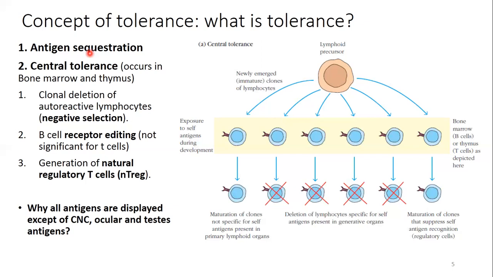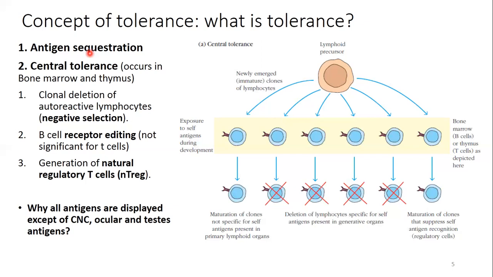One pathway of this apoptosis is the engagement of Fas and Fas ligand, which leads to the death of the cell. So this is antigen sequestration, a method to prevent reactions of the immune system with our body cells or antigens.